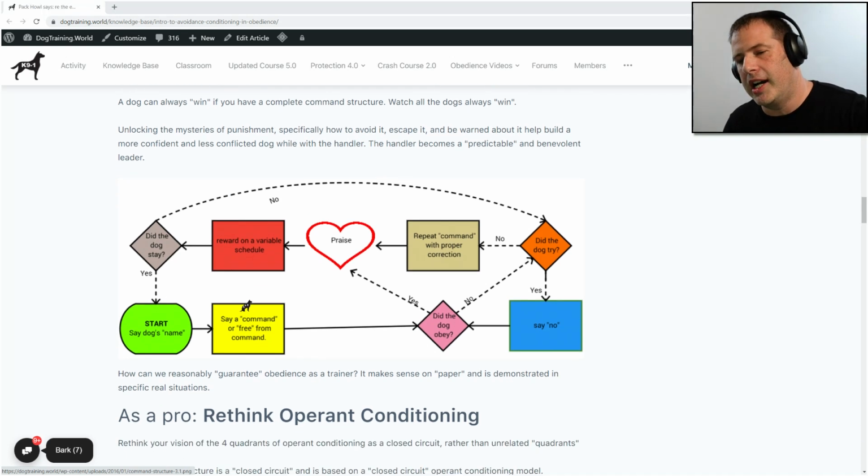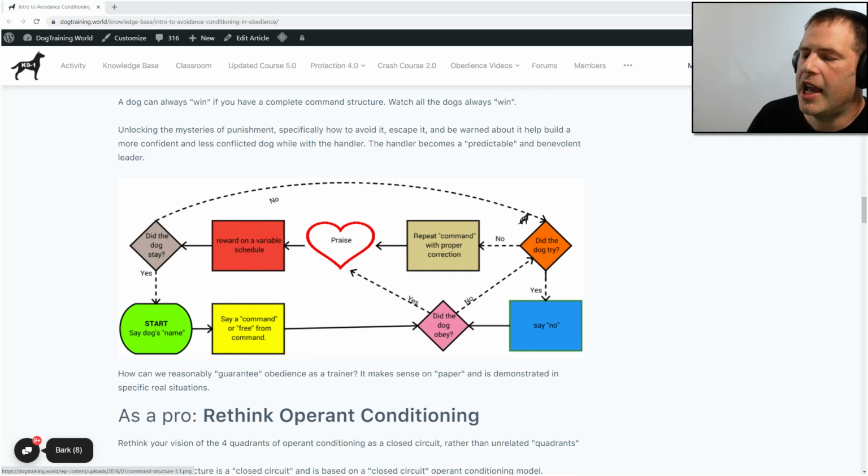The reason why, if you notice now that we stopped erasing lines and things like that, it's a closed circuit. Once you give a command to that dog, you have a plan where there's only one way to go, all right? And the dog ends up finishing it.